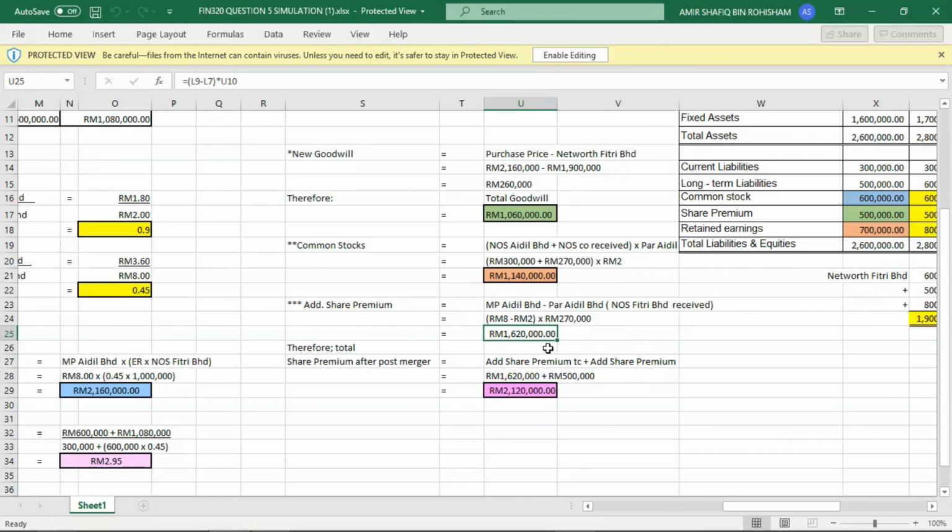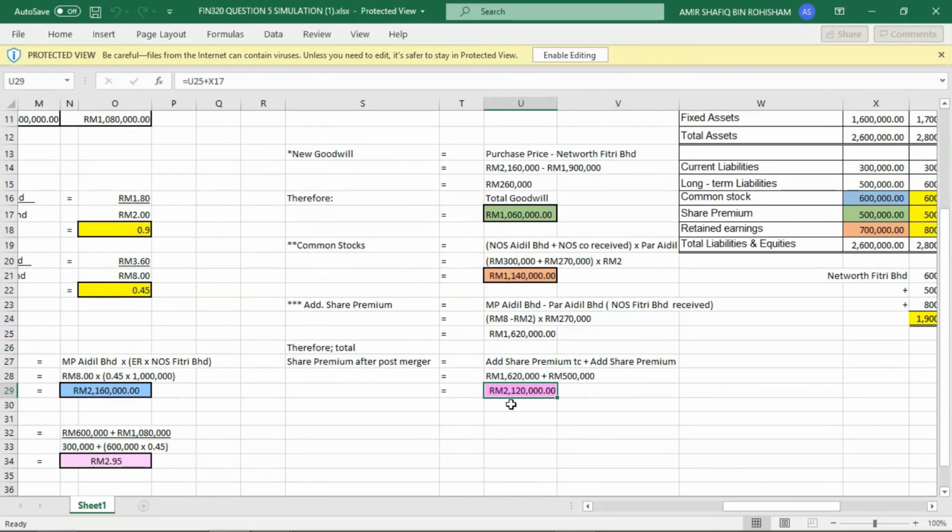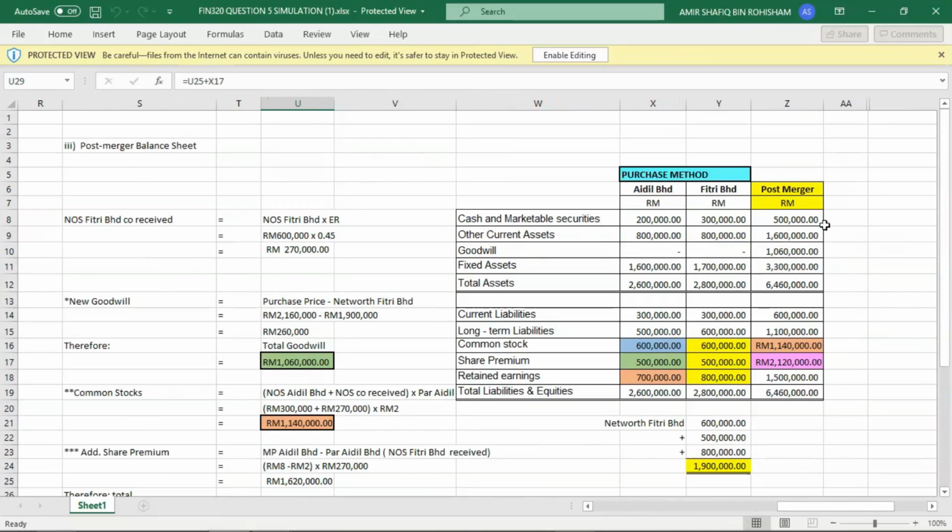We get 1,620,000. Therefore, the total share premium after the merger is 1,620,000 plus 500,000. We will get 2,120,000, and this will be the post-merger balance sheet.